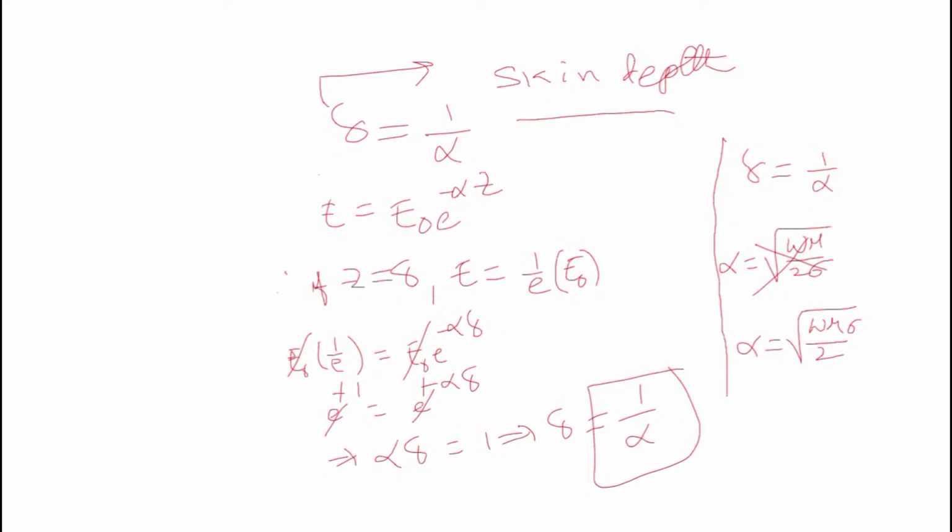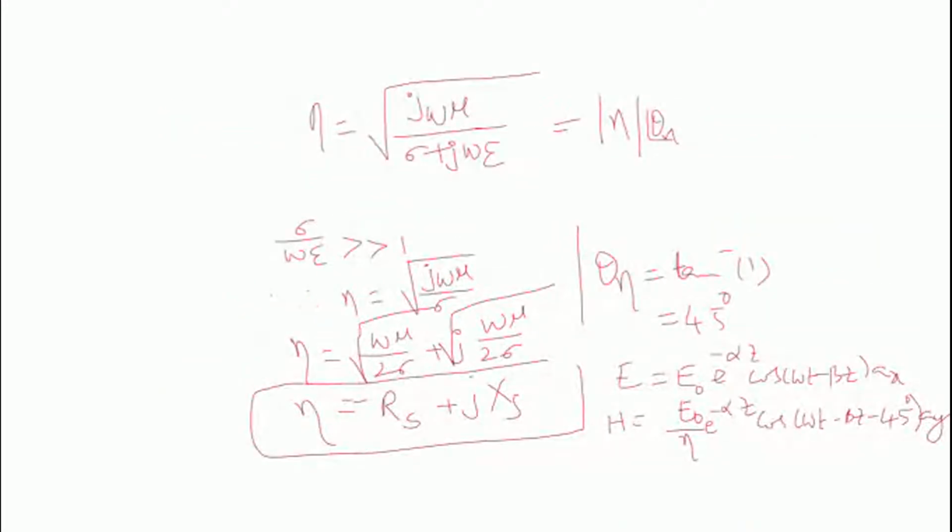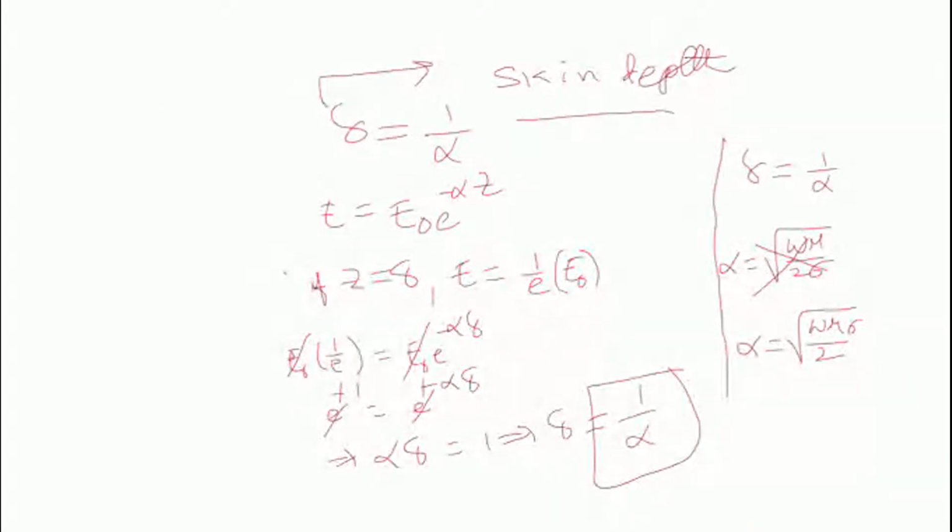So this is the alpha value. Once verify, there it is: alpha is under root omega mu sigma by 2. Now we have to write this delta in terms of omega mu sigma, because we have written alpha in terms of omega mu sigma by 2.